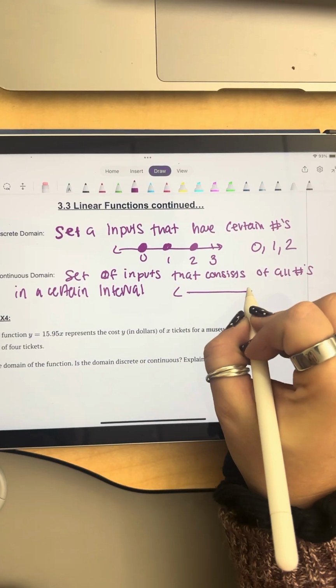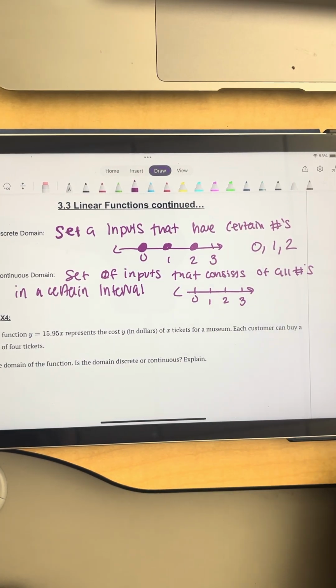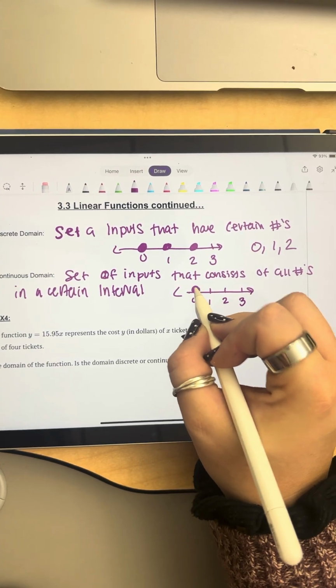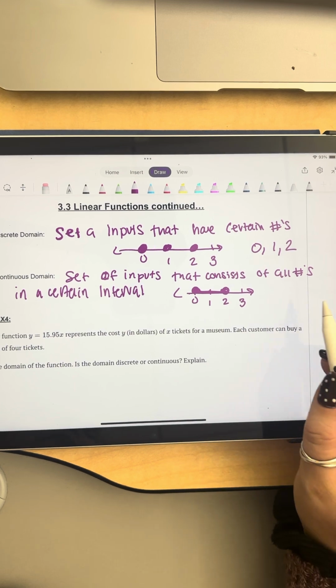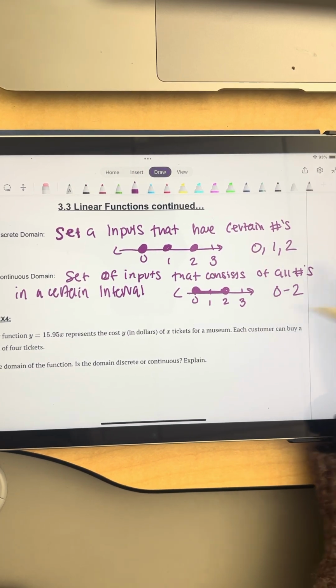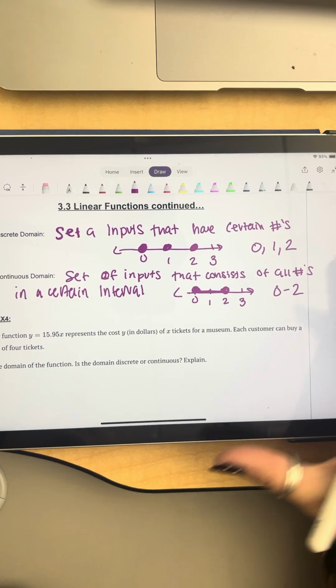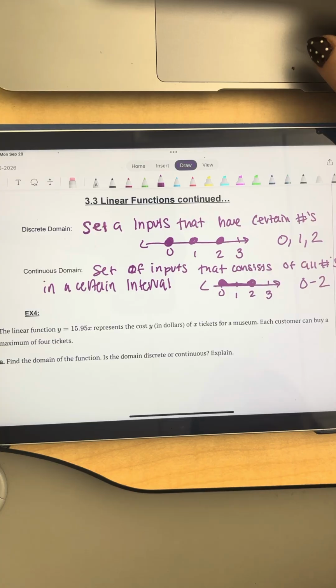So let's take that exact example. We have 0, 1, 2, and 3. In this case, if I have 0 to 2, it includes everything between it. So you would say from 0 to 2, and that little dash between it can show that it is included in all. So those are the two different types of domains that you can have.